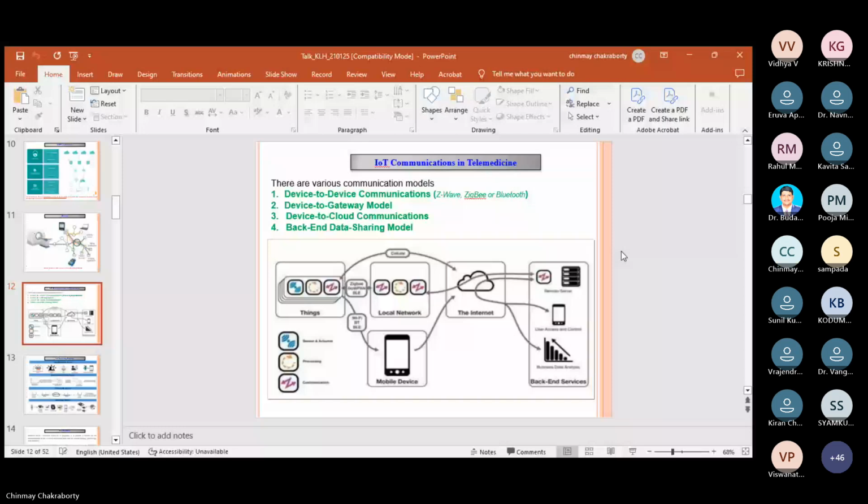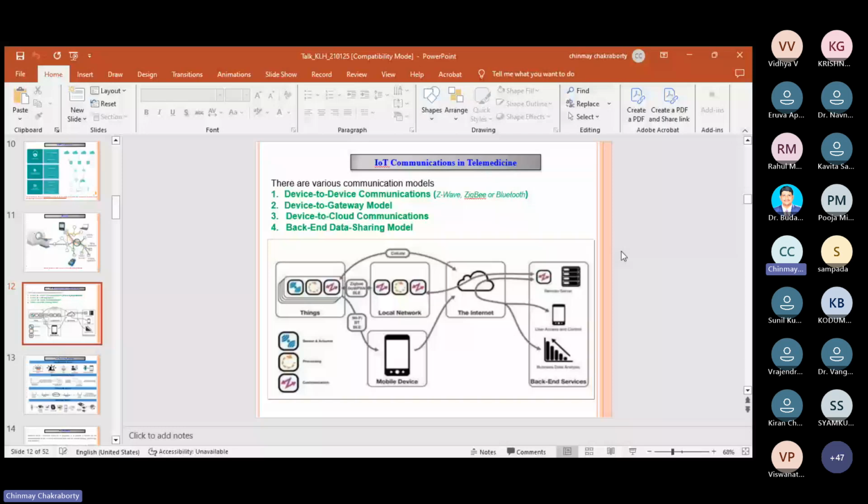So faster data acquisition is needed, and after that this data can be stored at the coordinator end, and the coordinator can process the data directly to the cloud or fog based database. So that's why this is the long range communication technology.